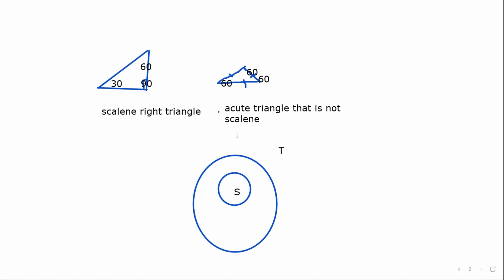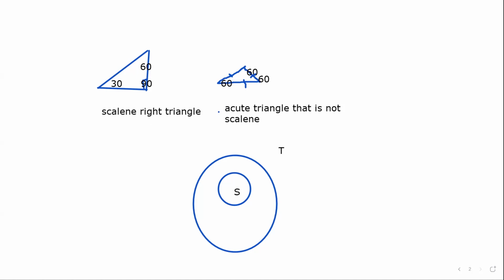You see what I mean? So scalene triangles are a subset of triangles, and you might have a scalene right triangle, but you could have an acute triangle that's not scalene. So that's how that fits.